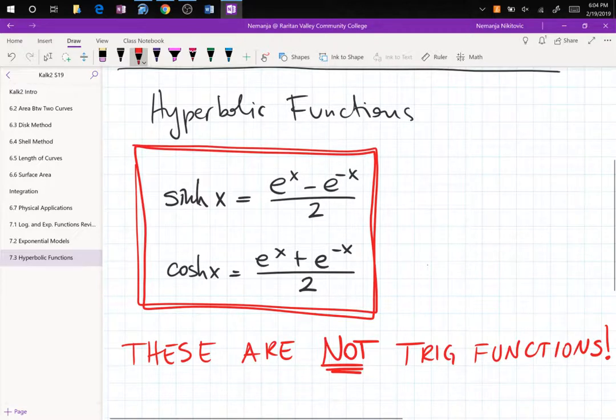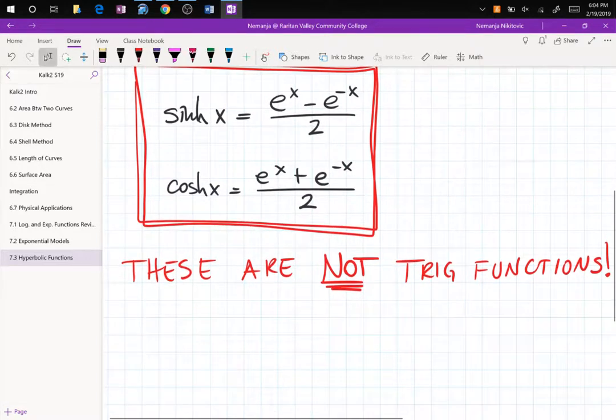Now, why do they have these names? Hyperbolic sine and cosine and then tangent and secant and all six, right? Well, they have a lot of cool properties just like trig functions have.